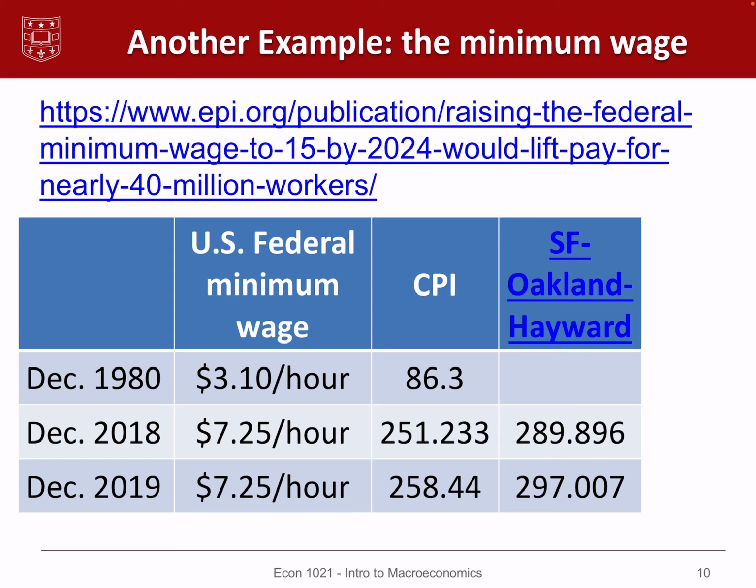It's one thing to just say, I want it to be, but you might want to be able to justify your argument. One of the things that you could do is to consider the information on this particular slide. On this slide, I have the value of the Consumer Price Index in December of 1980 and December of 2018 and 2019.